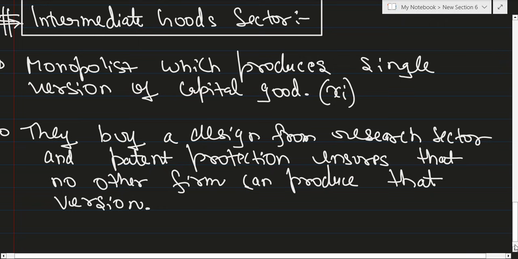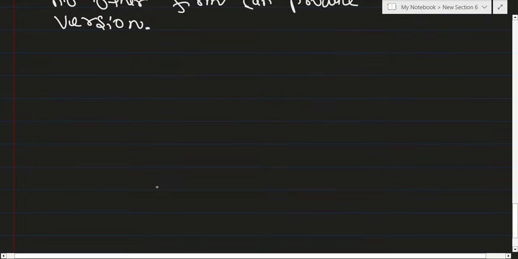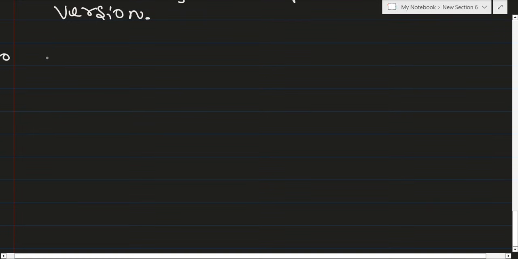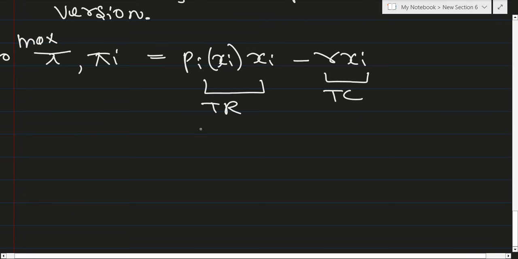Okay, now here also this single monopolist maximizes profit. So let's see how this profit maximization problem is solved. So here we maximize profit, Pi equals Pi, this is the demand function, Pi as a function of Xi, into Xi, that is the quantity, minus R Xi. This is the total revenue, and this is the total cost.